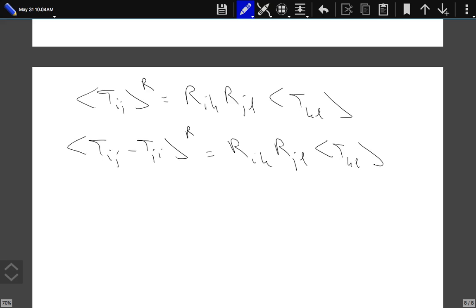This is how the first term transforms under rotations, minus Rjk Ril Tkl. This is how the second term transforms under rotations. In the second term, I just exchange the positions of j and i. Now I will do a trick. You see, the k and l in the second term are just summed over. They are dummy indices. I can give them whichever name I want. I will just name k as l and l as k.